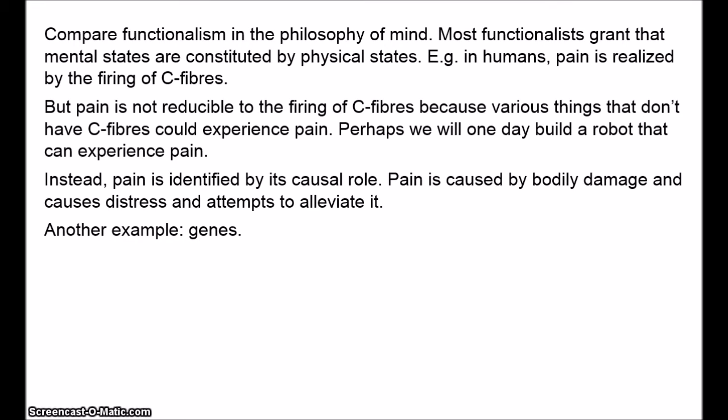We identify genes by considering patterns of inheritance of biological traits. Now, the underlying physical basis is sequences of DNA, but arguably genes can't be identified with sequences of DNA. There are many arguments here, let me mention just a couple. DNA sequences have coding regions, which are known as exons, but also non-coding regions, known as introns.